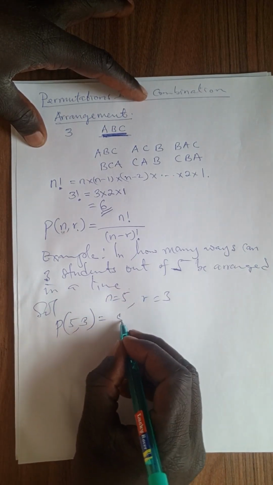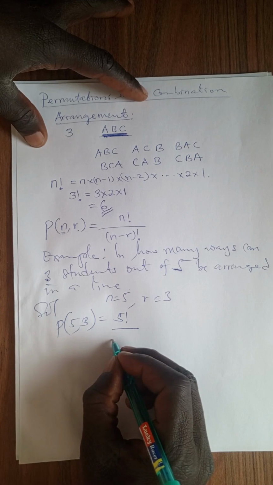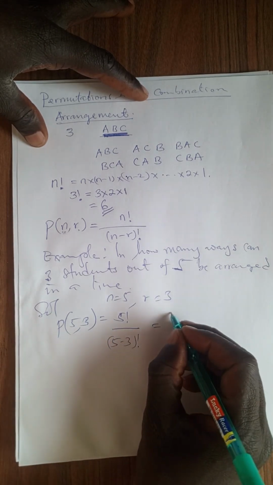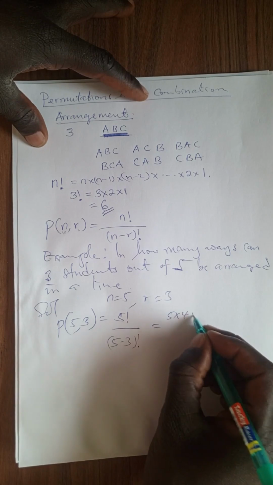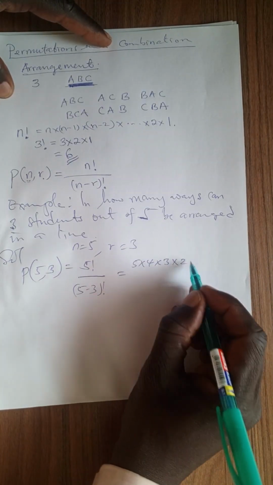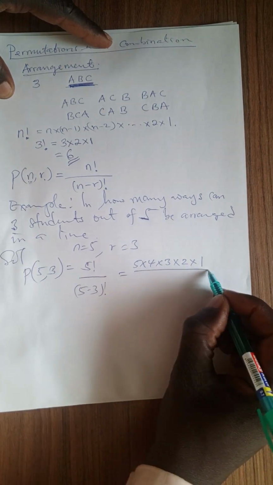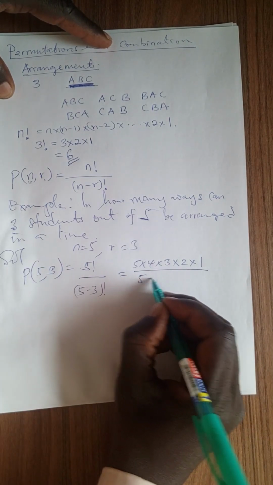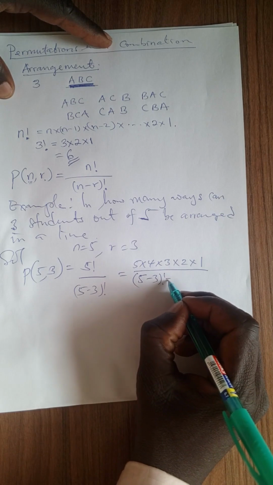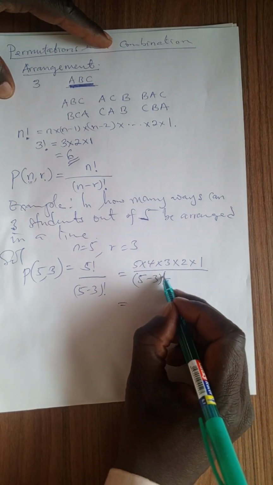So I have 5 factorial over 5 minus 3 factorial. And this is equal to 5 times 4 times 3 times 2 times 1, all over 5 minus 3 factorial.